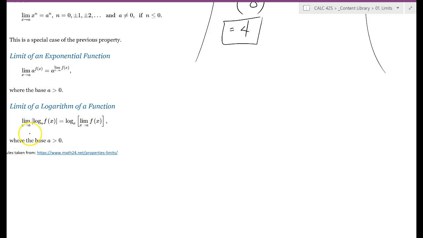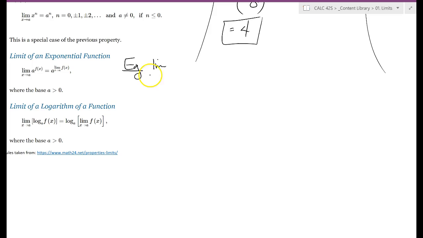And then logarithmic, our limit again kind of sneaks in. So this is kind of like a function within a function, and it's allowed to sneak in, and you can take the log of it afterwards. Where you're potentially going to see a function in the exponent is dealing with the letter e, which we know is a constant associated with the function of a natural log, or ln as some people refer to it.